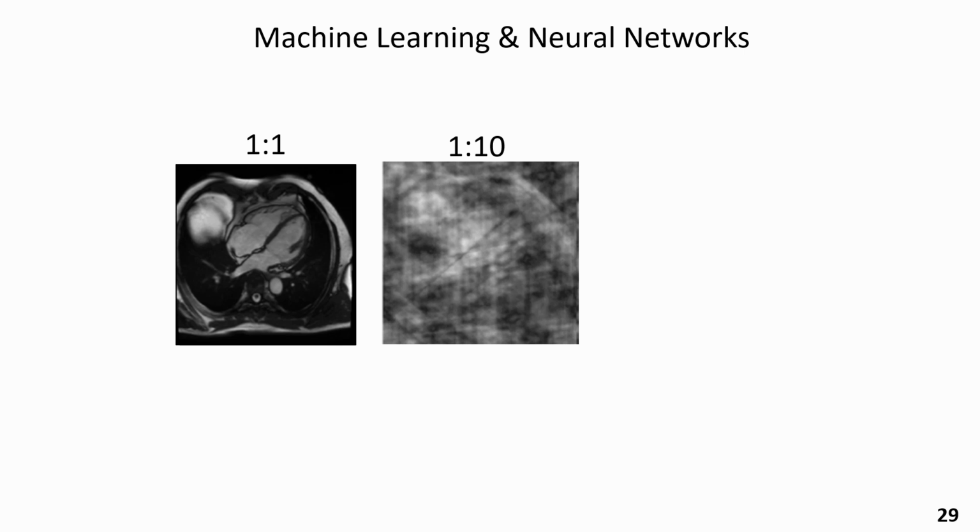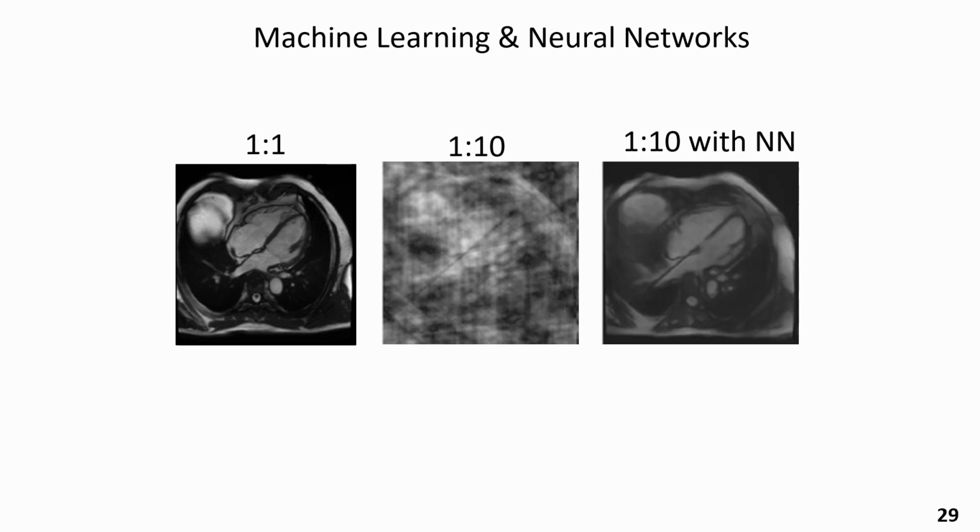Yes, it is 10 times faster, but useless. To the right, you see the same accelerated acquisition, but with a specially trained neural network to do the reconstruction. Amazing how it looks, isn't it?